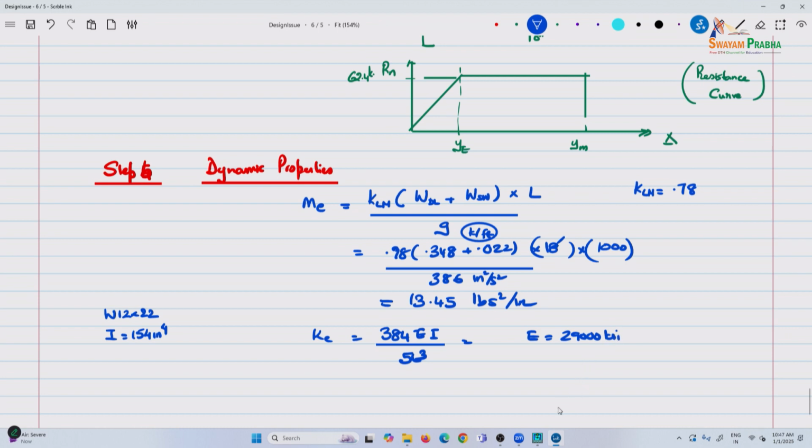Here is what, 210 GPa, is that gigapascals? 210. Okay. So L is equal to 18 feet. So this value comes to 34.47 kips per inch.